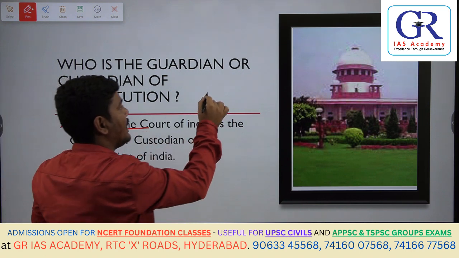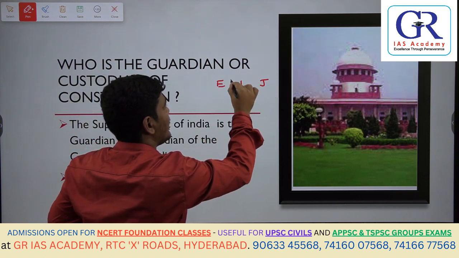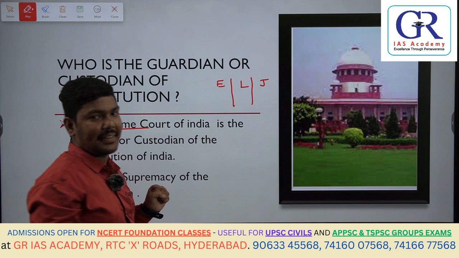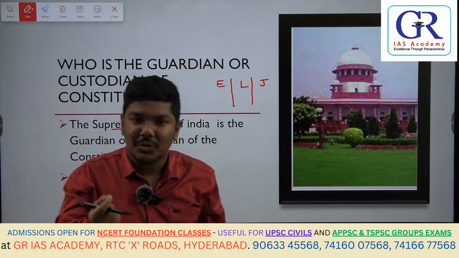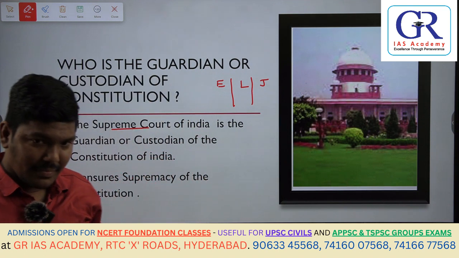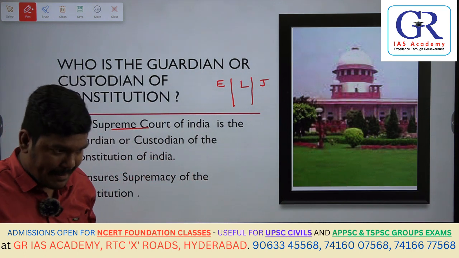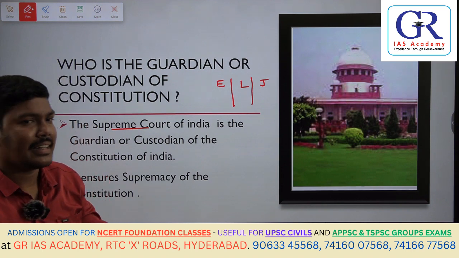So for example, let me tell you the organs of the government. We will have executive, legislature and judiciary. What was the main duty of the legislature? No worries. Correct.